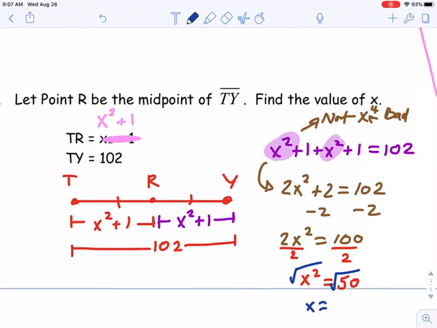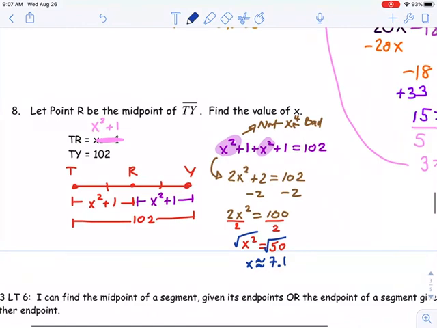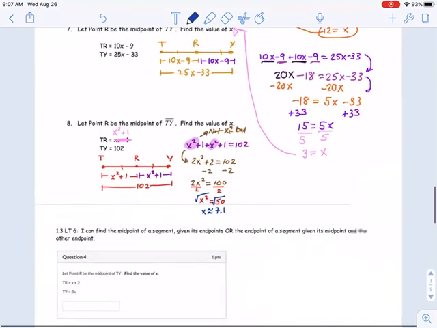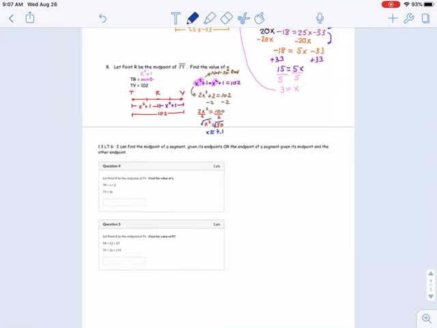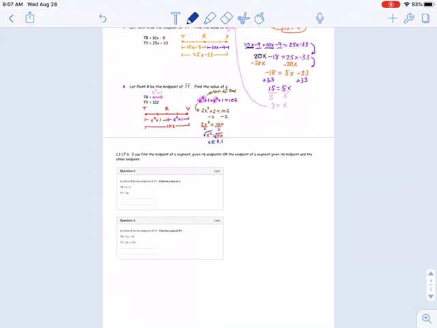It's 7 point something, approximately 7.1. Okay, and it just told me to solve for the value of x, which is what I did. We've got some follow-up questions on Canvas. Good luck and do your best.